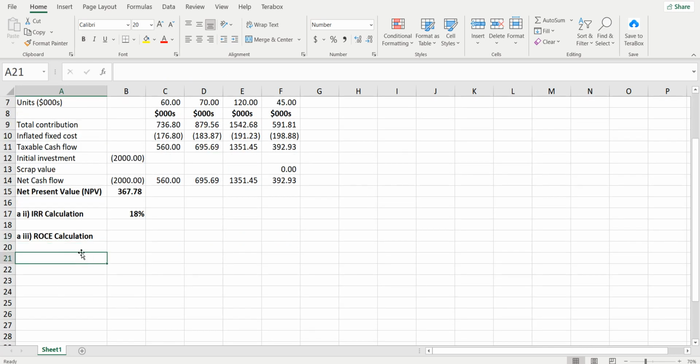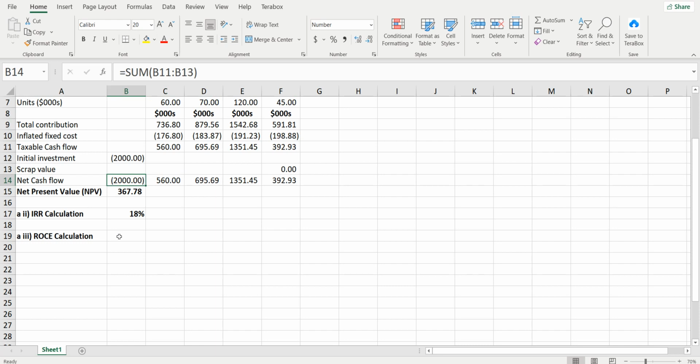So what is the formula for ROCE calculation? It is profit before interest tax divided by average investment. So we have the cash flow. We don't have profit, we have cash flow, net cash flow. So from net cash flow, this is the net cash inflow and this is the outflow.